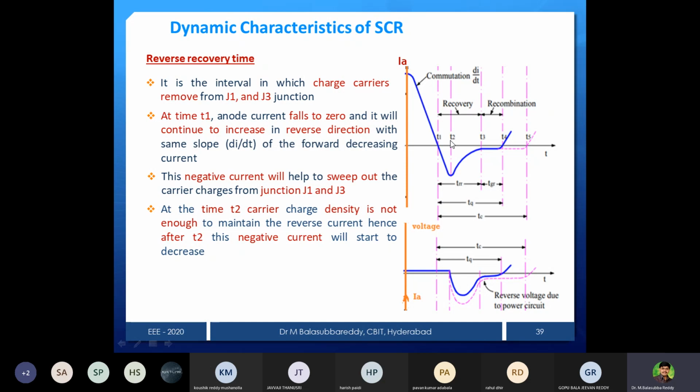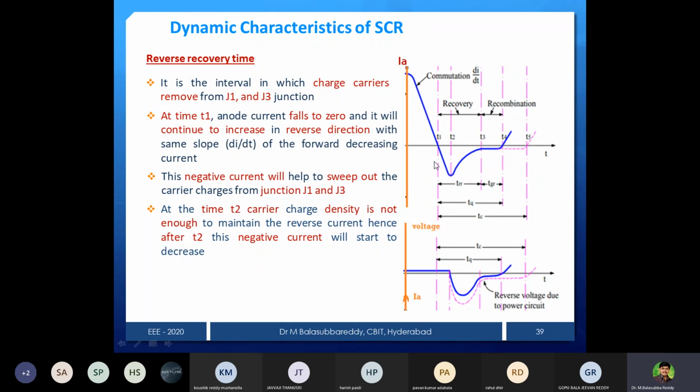Now at the instant T2 the carrier charge density is not enough to maintain the reverse current. We are sweeping the charge particles, some portion is swept out, and the remaining density is less, so it cannot sustain the current in the opposite direction.